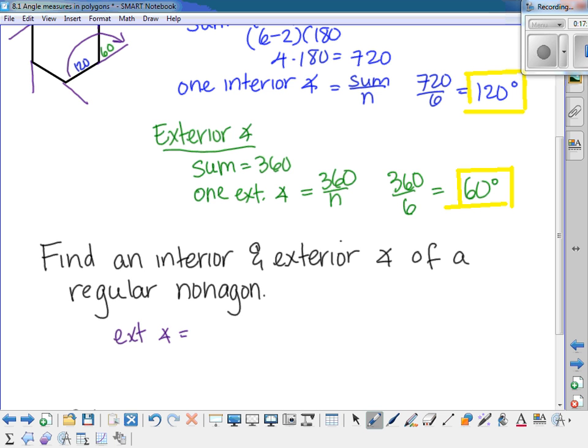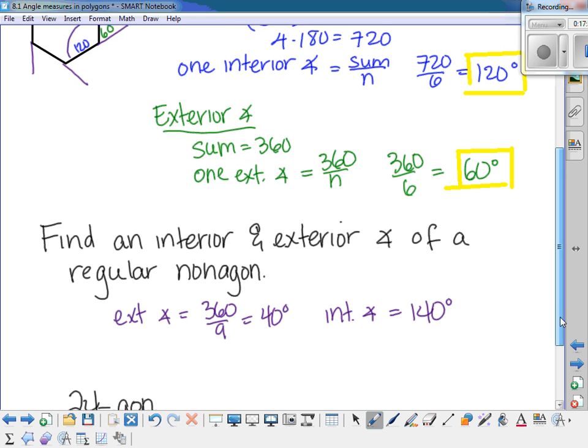A nonagon has how many sides? 9. So you just take 360 divided by 9, and so the exterior angle is equal to 40 degrees. Therefore, the interior angle is just 180 minus 40, so it would equal 140 degrees.